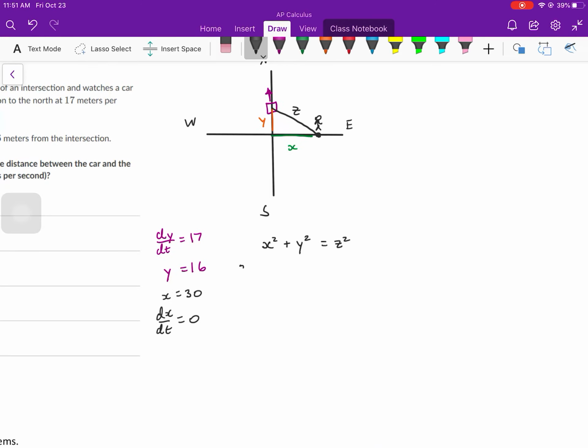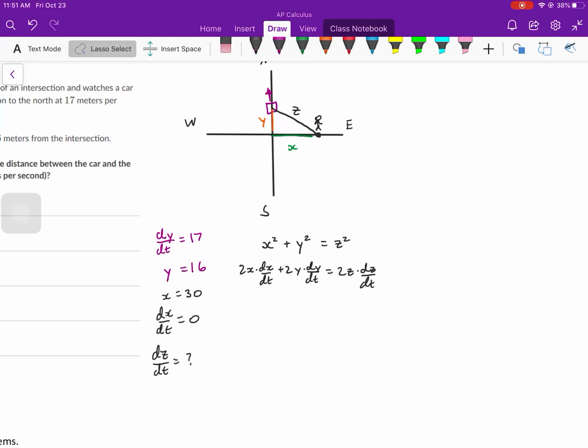So let's find this derivative. So we'll get 2x times dx/dt plus 2y times dy/dt equals 2z times dz/dt. And what we're looking for is the change. We're looking for dz/dt, right?